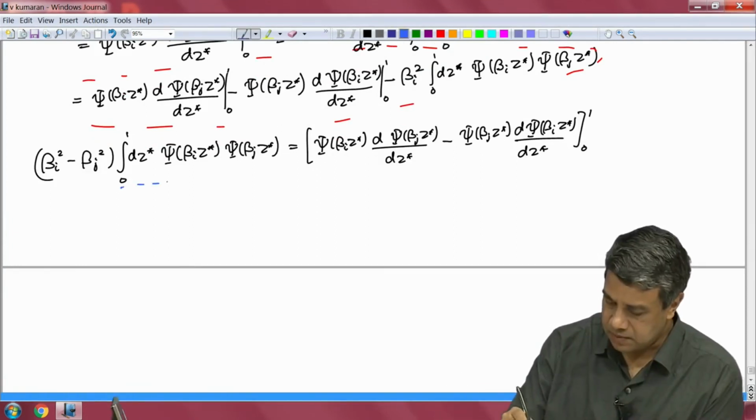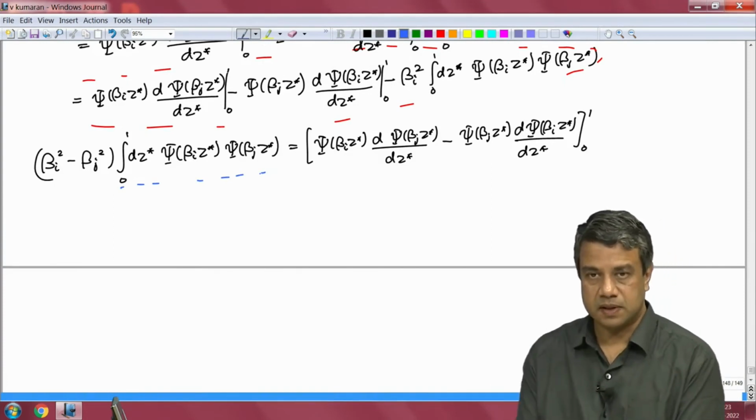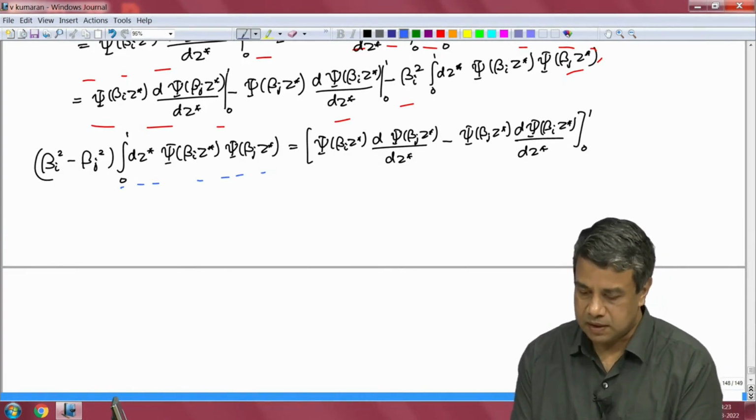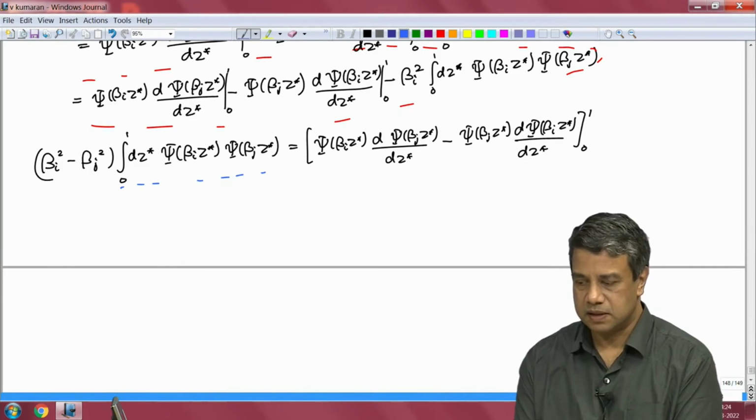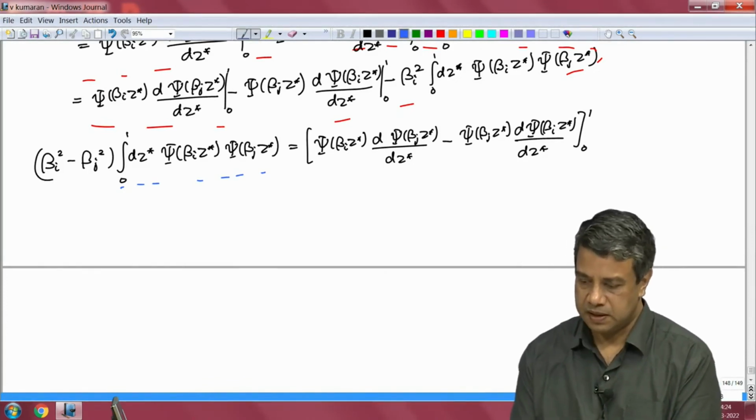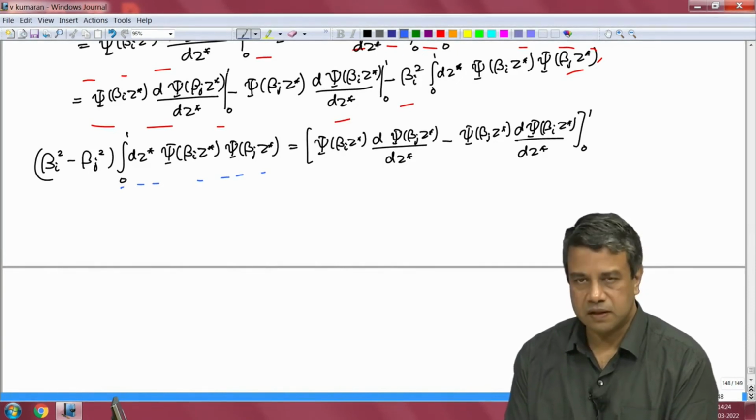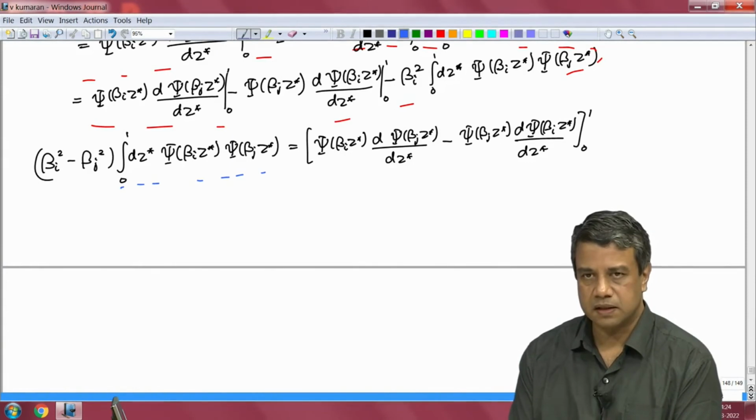So, this is what I get for this integral. You take two terms, the inner product or the scalar product that I talked about. If you take the product of two functions, integral from 0 to 1, it has to satisfy this relation. Examine the terms on the right. If psi is equal to 0 on both boundaries, then the right side is identically 0. If the derivative is 0 on both boundaries, then the right side is also identically 0.